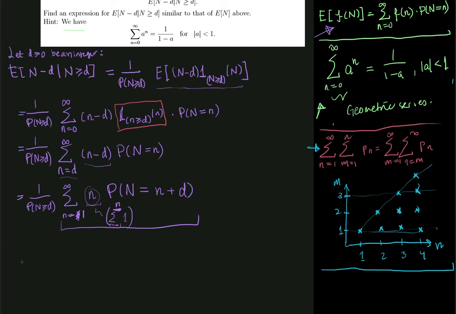So what do I get? Then what I get is the sum for n equal to 1 up to infinity of the sum for m equal to 1 up to n of the probability of n being equal to n plus d.